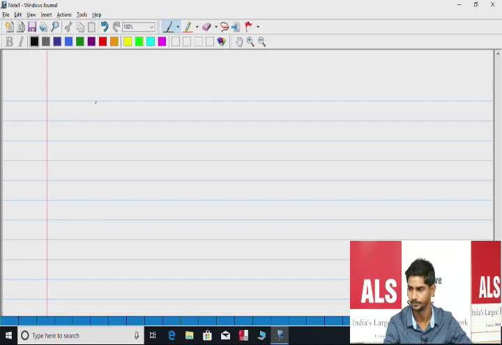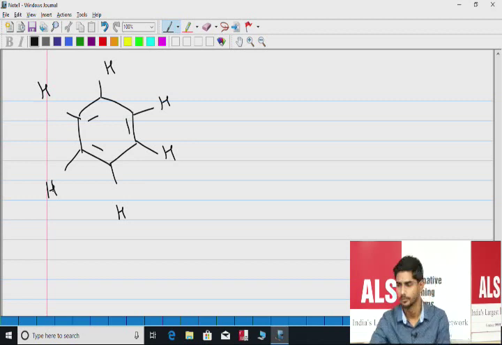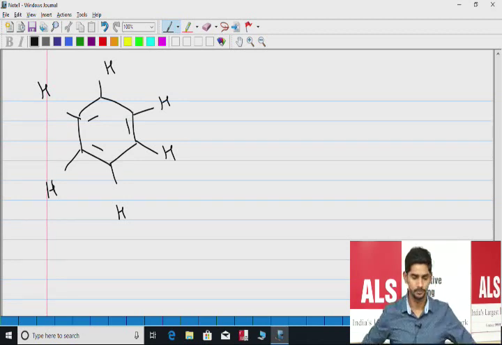Attempt this one. Count sigma and pi bonds. Attempt this one.